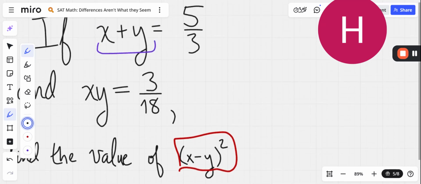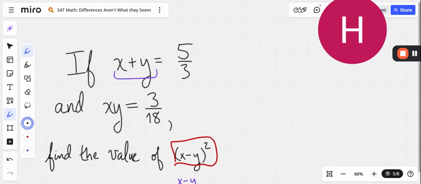But from the information we have here, it would be very difficult to get to x minus y by itself.